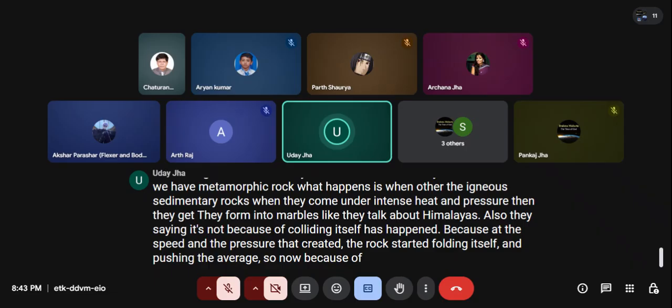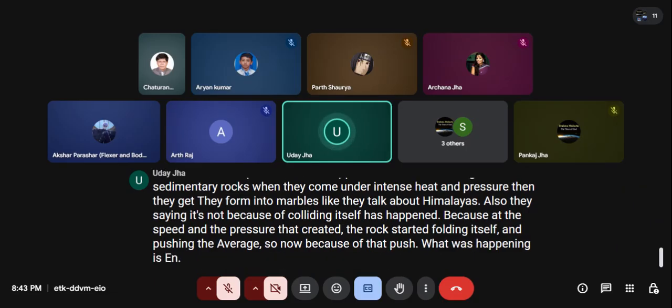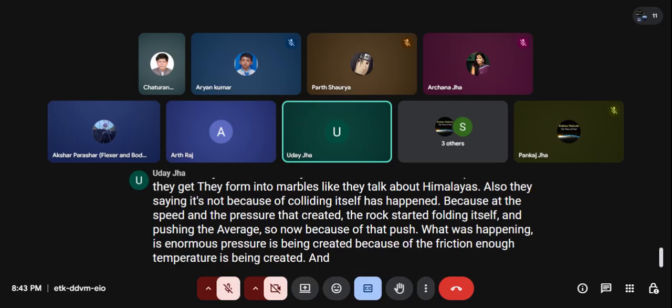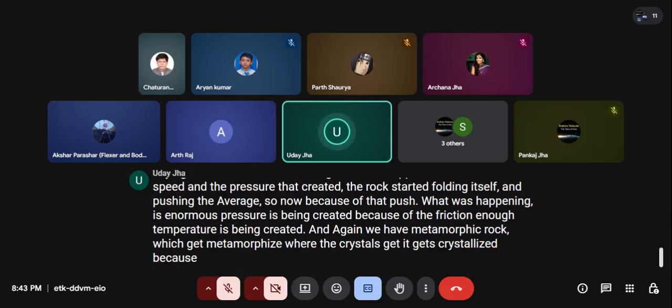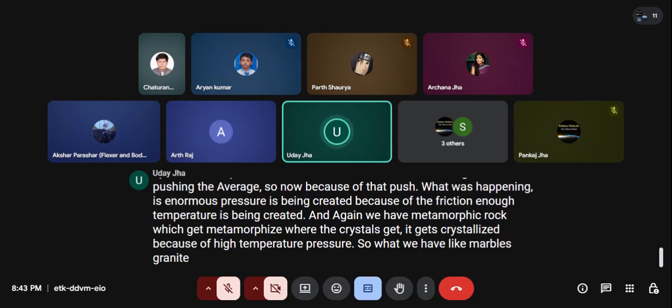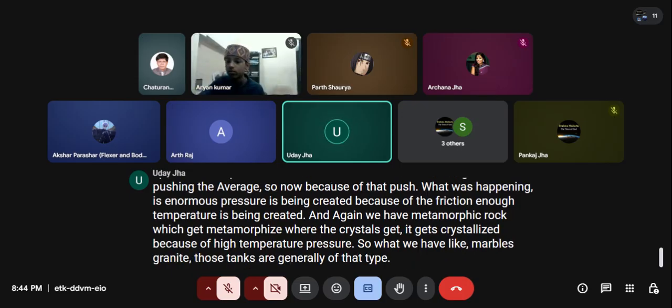Because of that push, enormous pressure is created because of the friction, and enough temperature, and again we have metamorphic rock where the crystals get crystallized because of high temperature and pressure. So marbles, granites, those types are generally of that type.